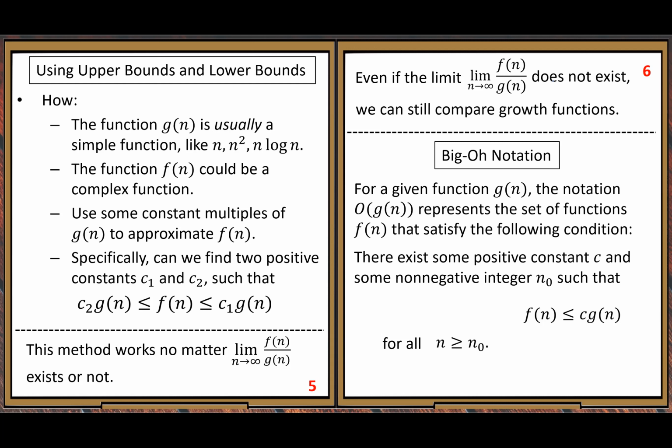That means, we know n means the problem size. Usually we say when the problem size is greater than or equal to some fixed constant number, n0, passing that line, then we have the inequality.